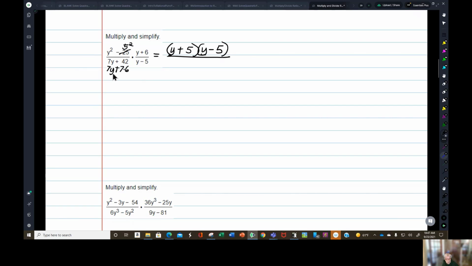Now down below it, 7 parentheses, y plus 6, times y plus 6 over y minus 5. And the reason I'm putting parentheses around this is there are parentheses over here, and to not have them over here could be confusing. It depends on you.